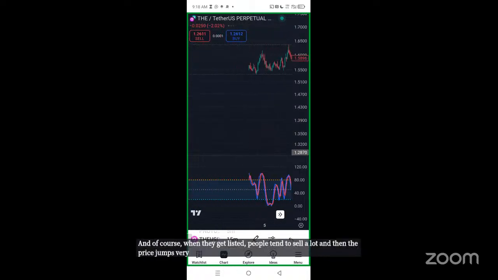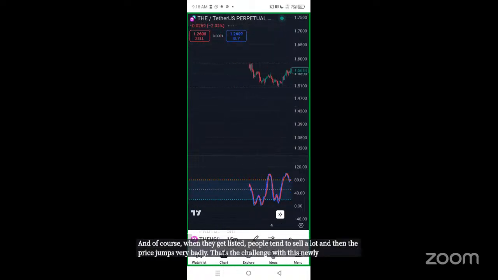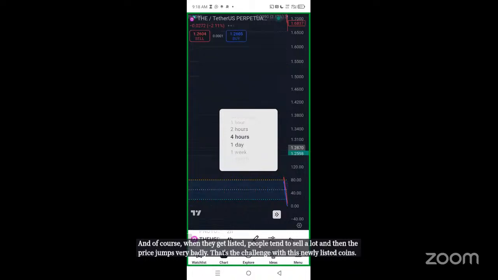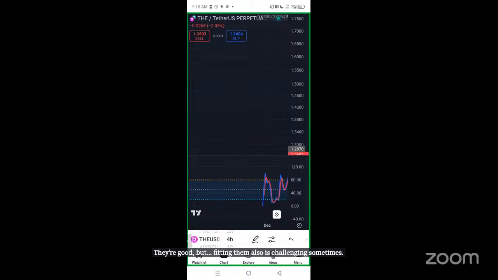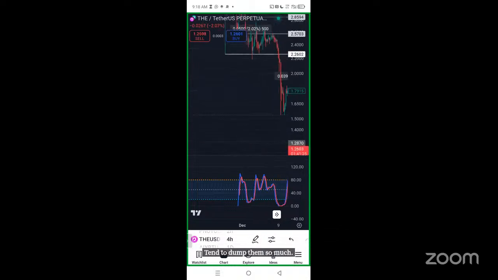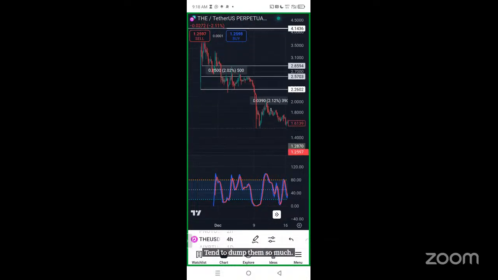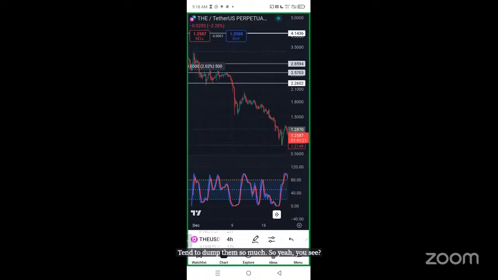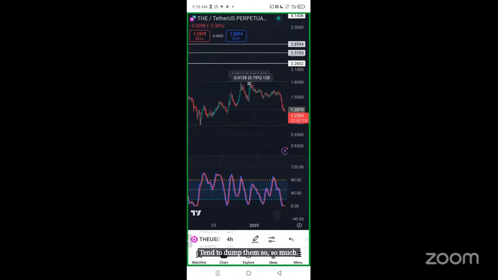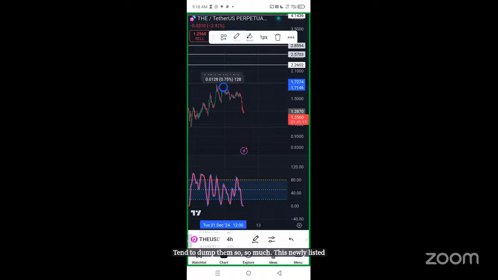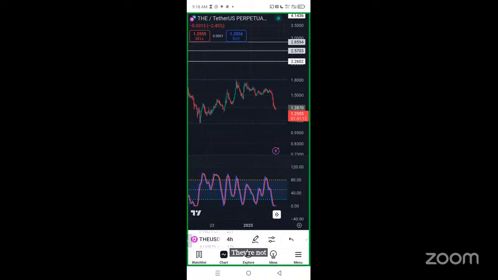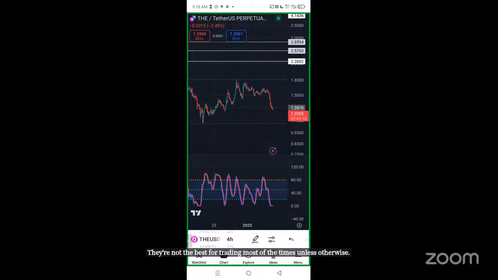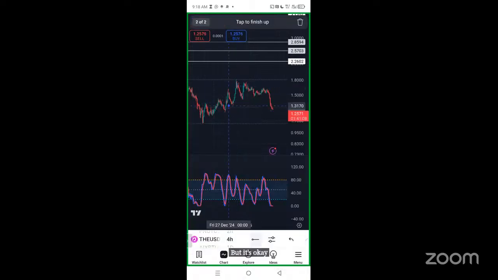That's the challenge with these newly listed coins. They're good, but trading them also is challenging sometimes. These newly listed coins are not the best for trading most of the times, unless otherwise. But it's okay. Let's believe this coin.